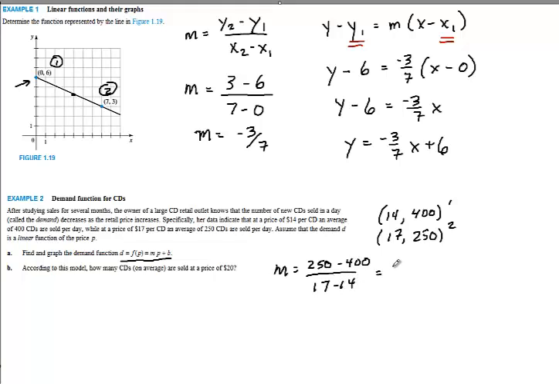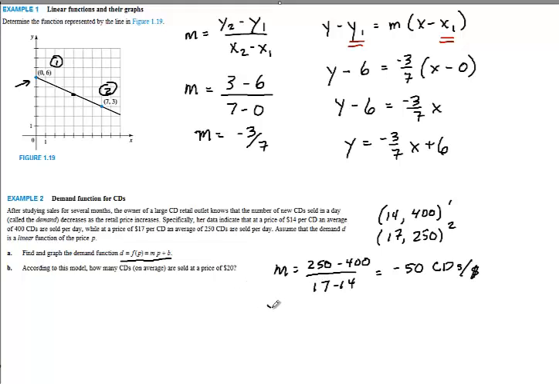Crunching those numbers, I get negative 50 CDs sold per dollar. So that means for every $1 more that I charge, I lose out on the sale of 50 CDs.